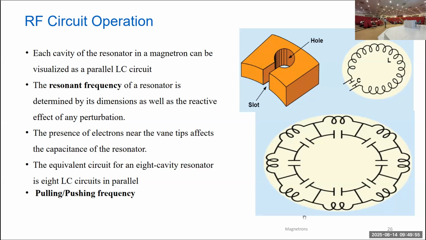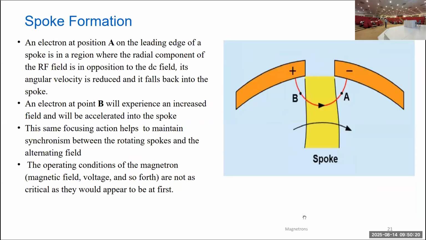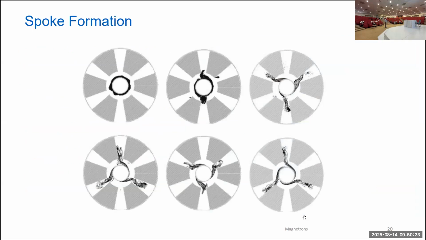The resonant frequency of the magnetron is defined by these L and C. But keep in mind, when a spoke passes near the slot or passes into the slot, definitely it changes its capacitance.